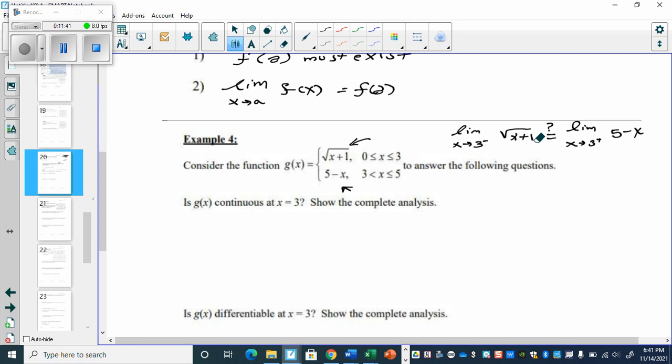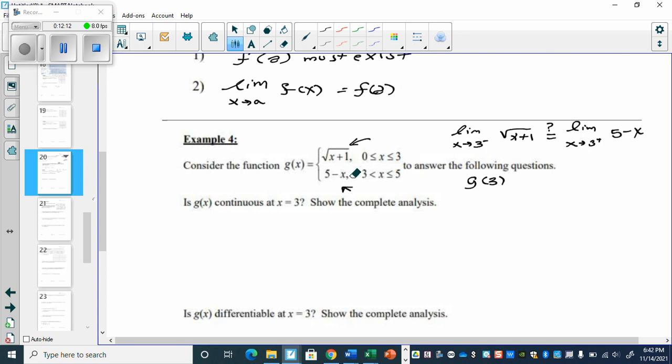If these two are equal, then a limit exists. If they don't equal, you can end it right there. Now, if they do equal, you'll want to see, does g of 3 exist for each of these functions?